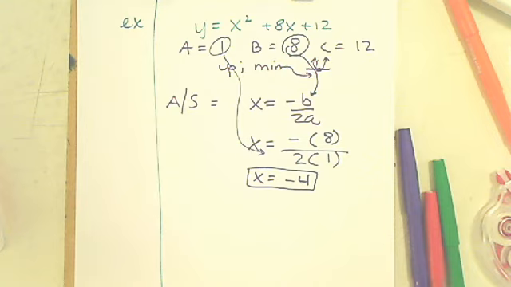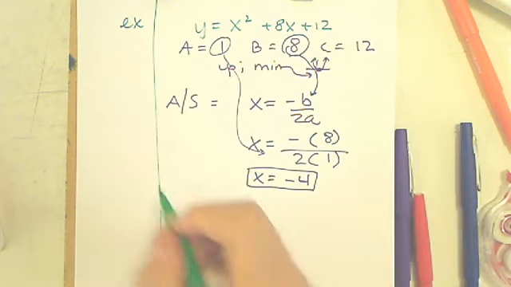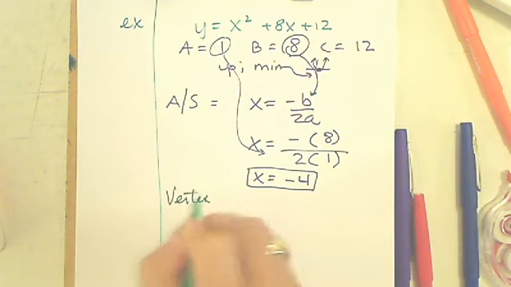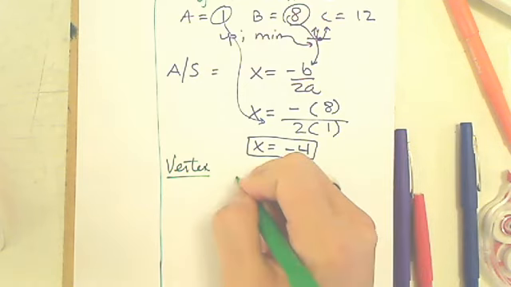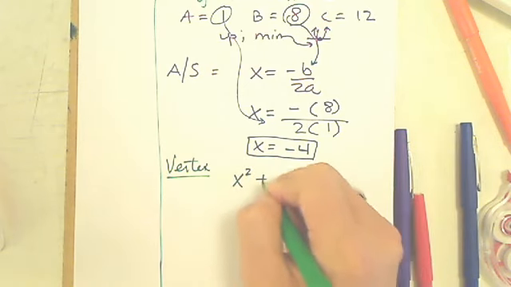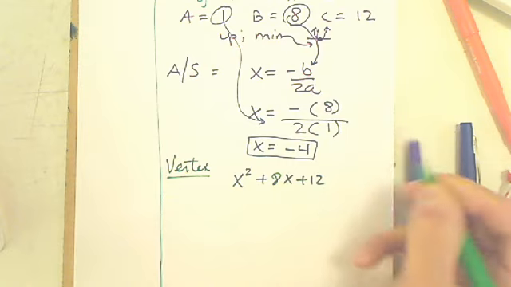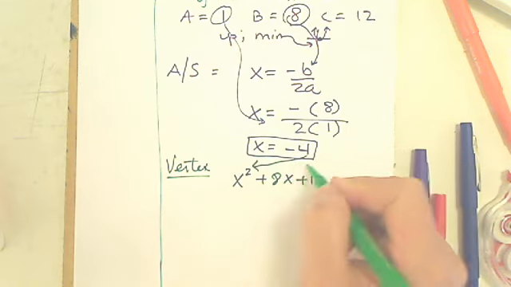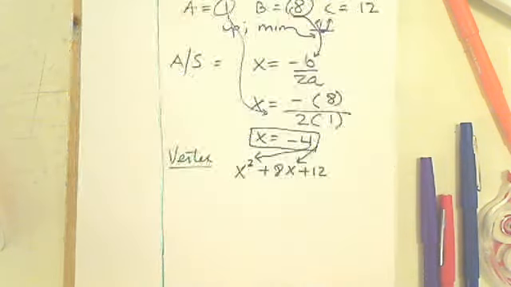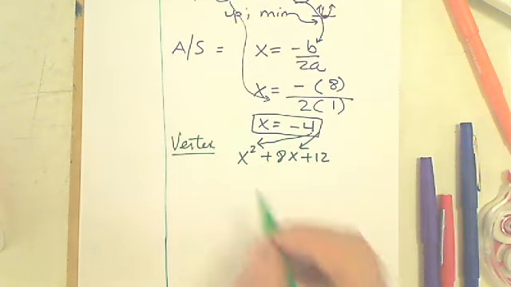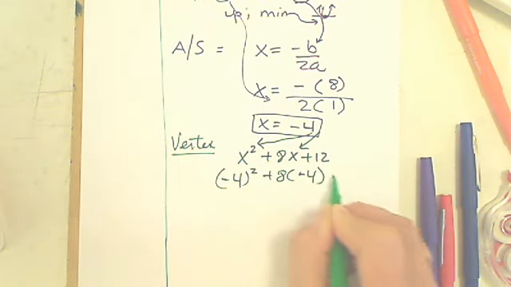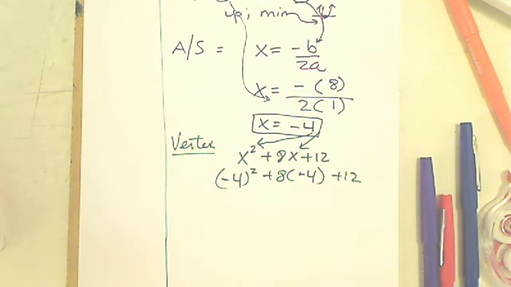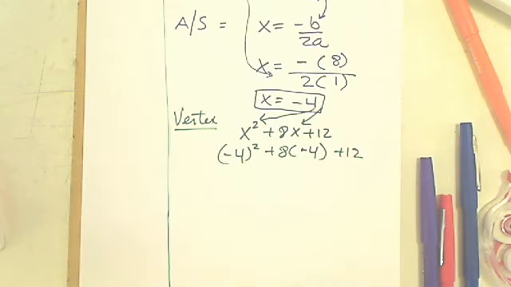How do I find the vertex? Find the y by substitution into the original equation. Once you find x, it goes in here. So you have negative 4 squared plus 8 times negative 4 plus 12.